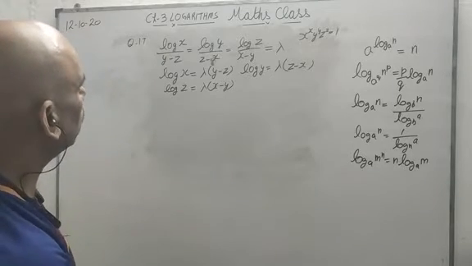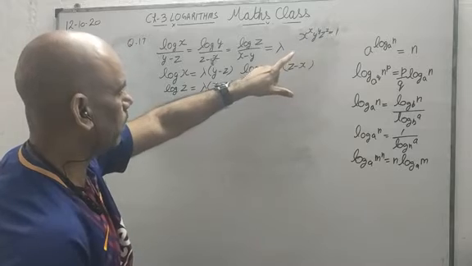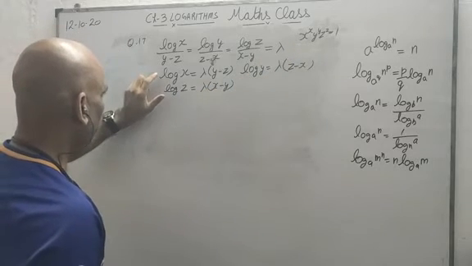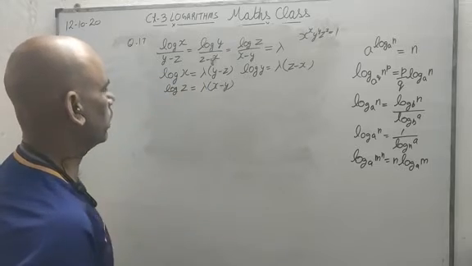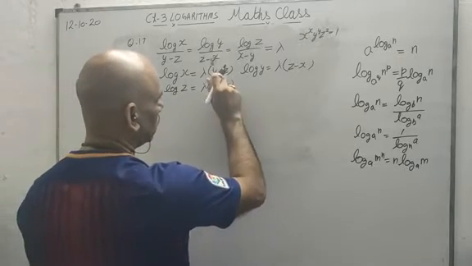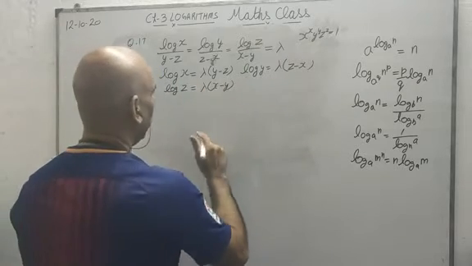Now look, what I want is x to the power x. How can x to the power x be created? If I multiply here with x, it will be x log x, which can be written as log x to the power x. So I am multiplying this by x, this by y, and this by z, and then adding.